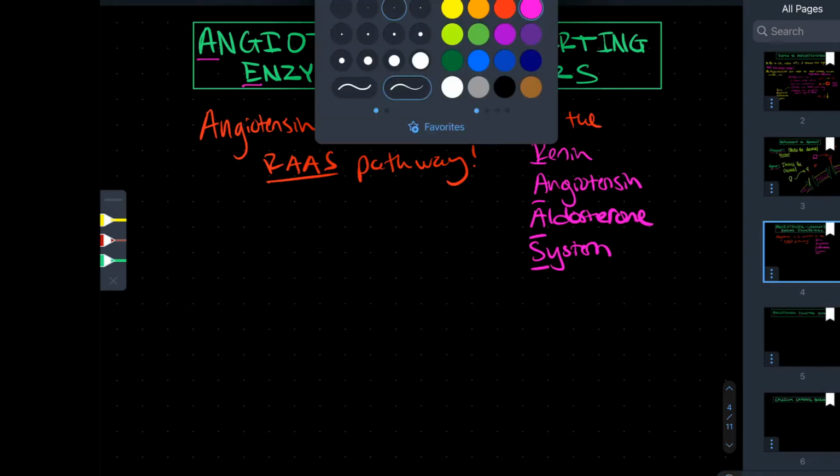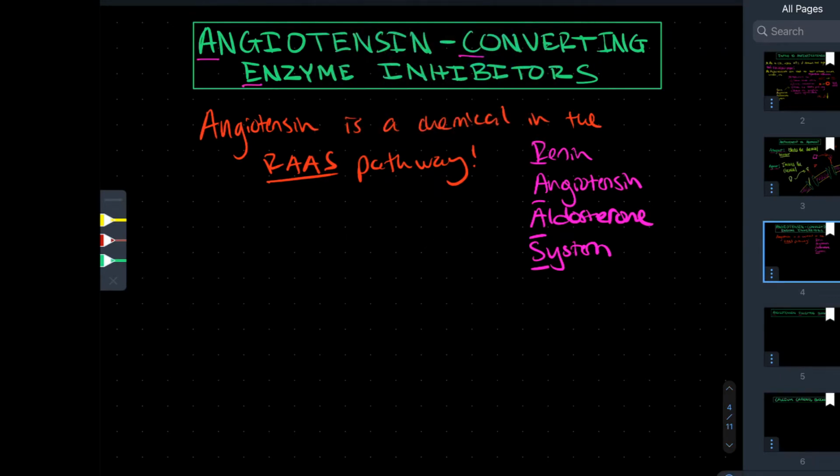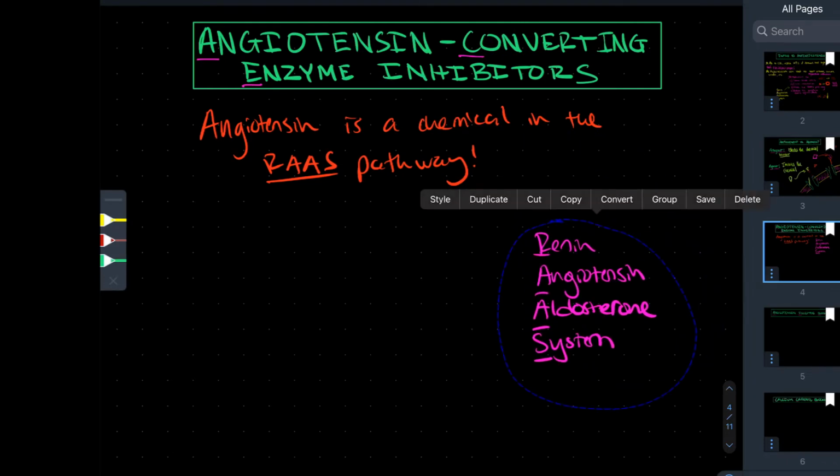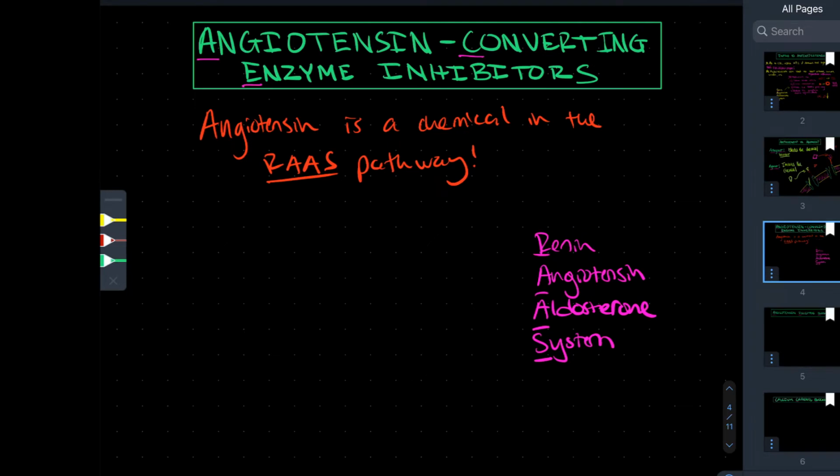I'm not going to go into the super specifics because this system is pretty complicated. But suffice to say, what's important is that the RAS system is how our body raises our blood pressure. It's basically a long pathway of chemicals interacting with each other to increase blood pressure.